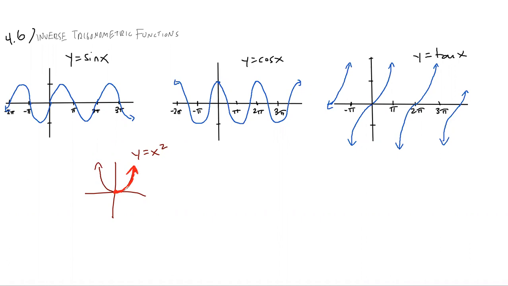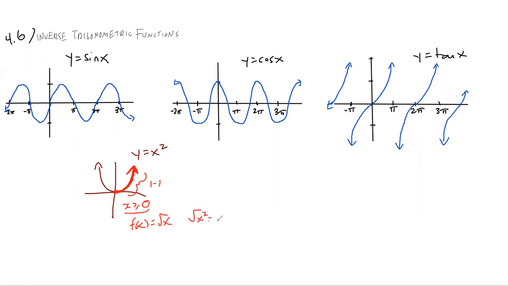So for y equals x squared, we restrict the domain to x greater than or equal to 0. That red portion of the curve here is one-to-one. And so the square root function, which is our inverse, cancels the square perfectly when x is in that restricted domain.